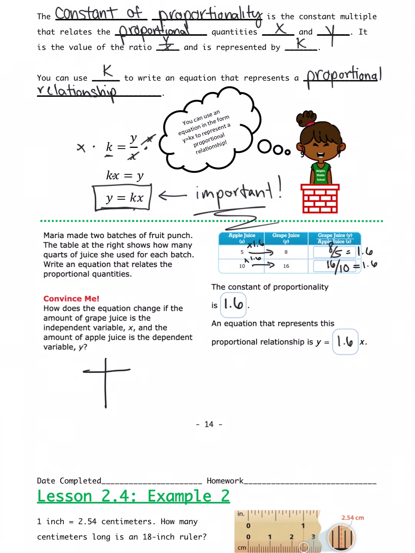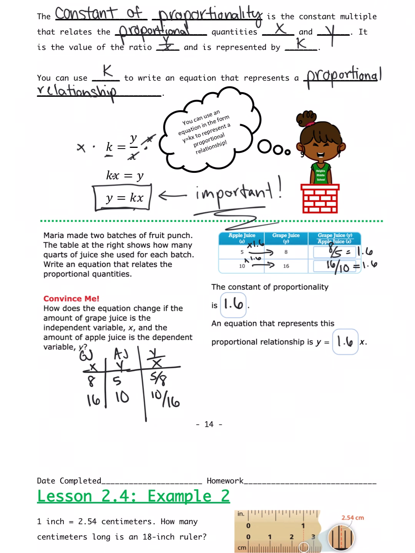Now this is our grape juice over here, and over here, apple juice. We put our x here, our y here. Now things are going to be different. We're going to have 8 over 5 and 16 over 10, which means if we wanted to know what y over x was, it would now be 5 over 8 and 10 over 16.